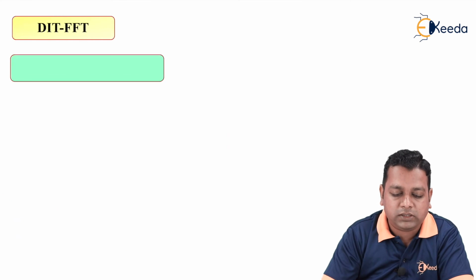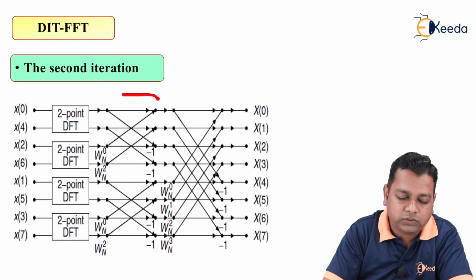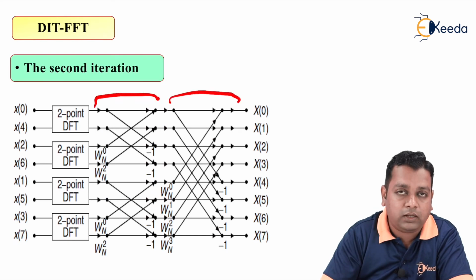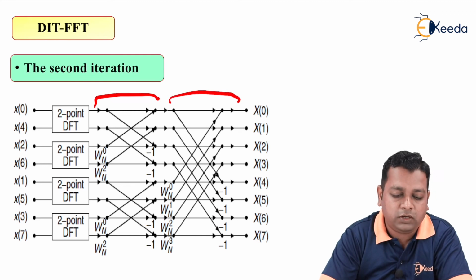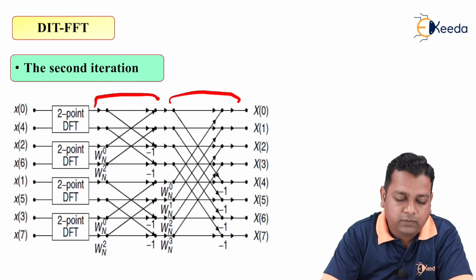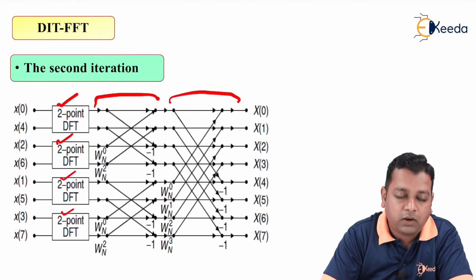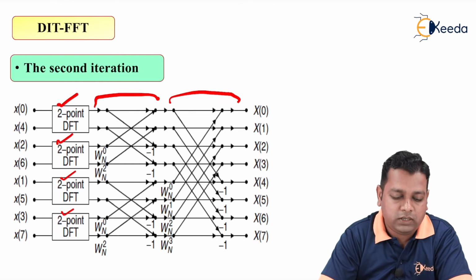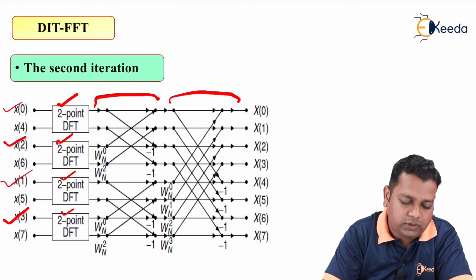By the second iteration, we go for two butterfly diagrams, one part and another part. Here we have a further splitting of the 4-point DFTs into 2-point DFTs, and the latter part is also split into 2-point DFTs. Here we have the inputs small x of 0 to x of 7.